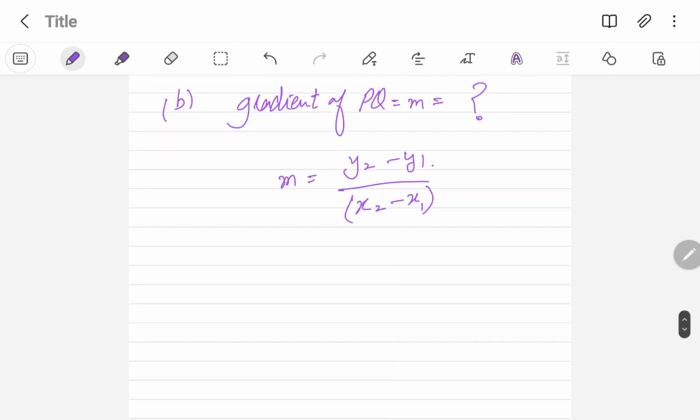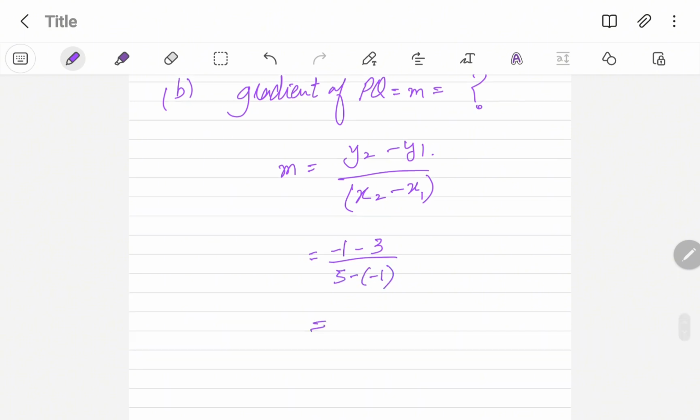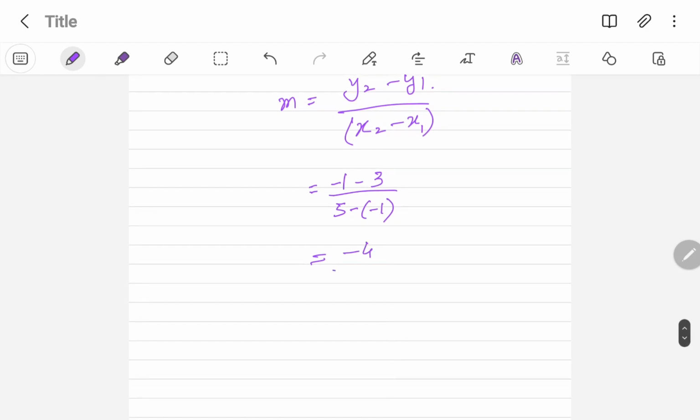Putting values, we will find out: y2 has the value minus 1 and y1 has the value 3. It will be minus 4, and x2 has the value 5 minus x1, which is minus 1, so 5 minus into minus is plus 1.